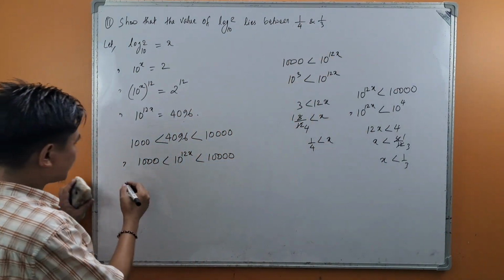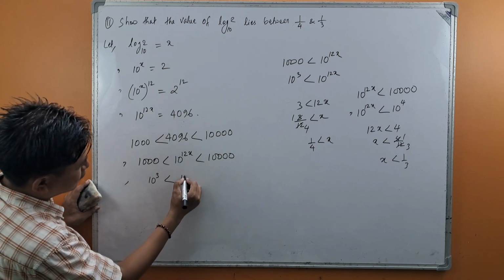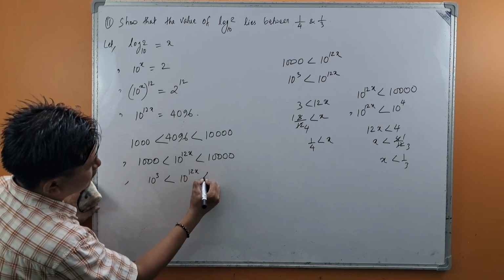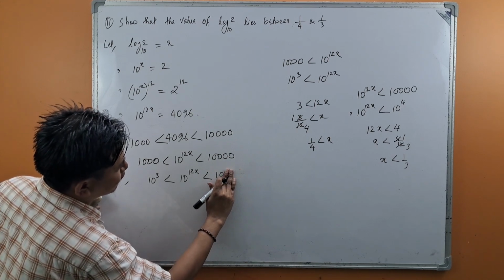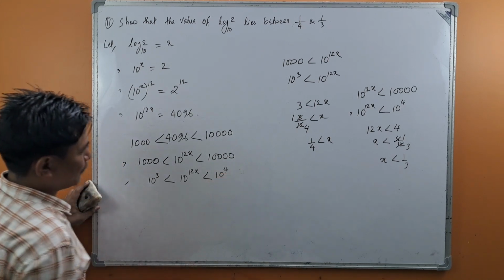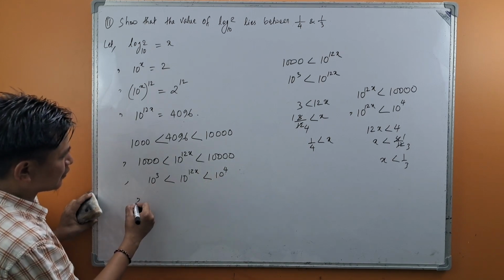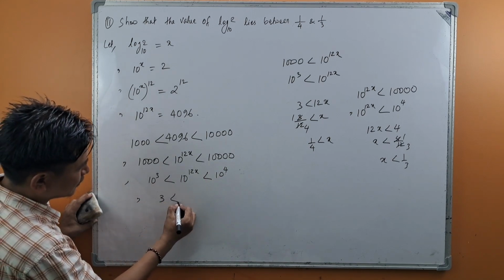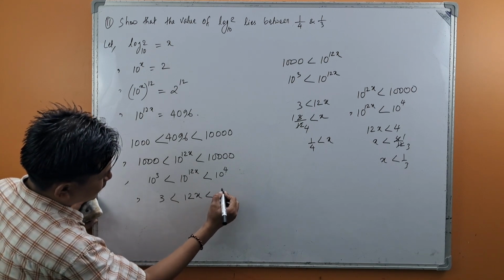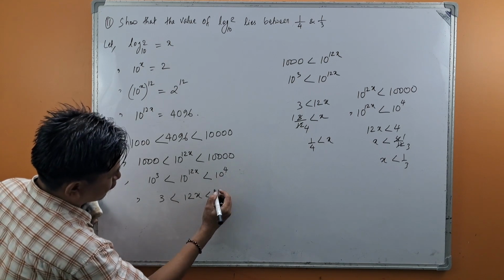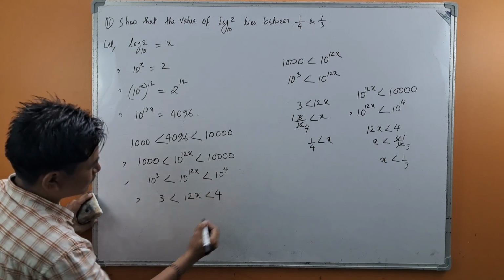Let me solve it here once more. This is 10 cube, 10 to the power 12x, and 10 to the power 4. The bases are the same, so we can compare the powers: 3 is less than 12x, which is less than 4.